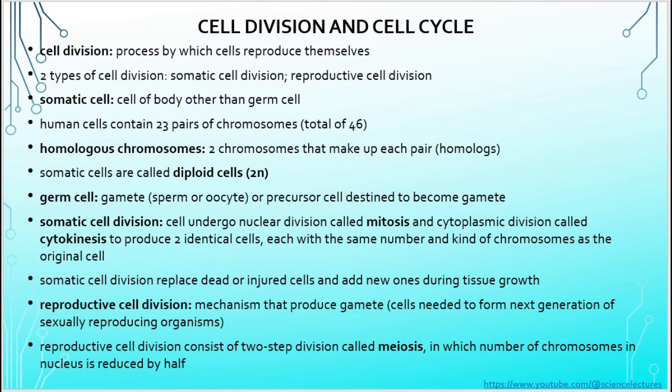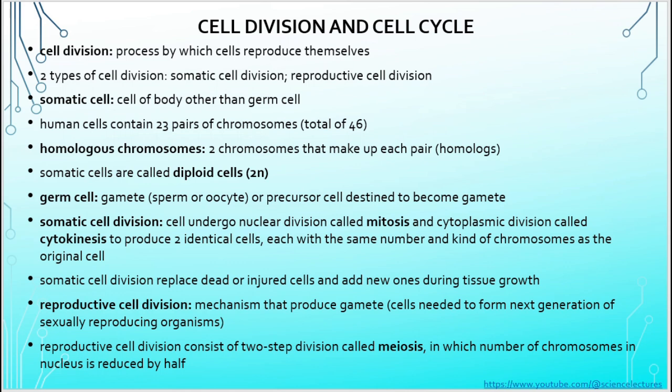The germ cell is a gamete, the sperm or the oocyte, or any precursor cell destined to become a gamete. In somatic cell division, the cell undergoes a nuclear division called mitosis and a cytoplasmic division called cytokinesis, to produce two identical cells, each with the same kind of chromosomes as the original cell.